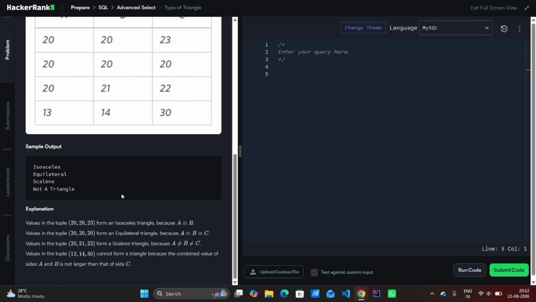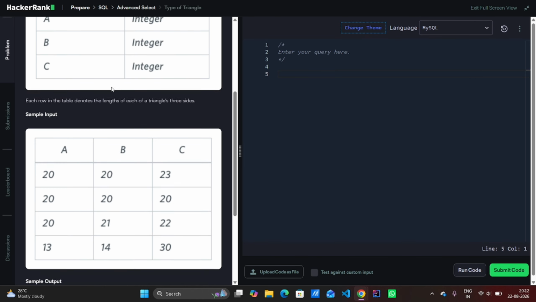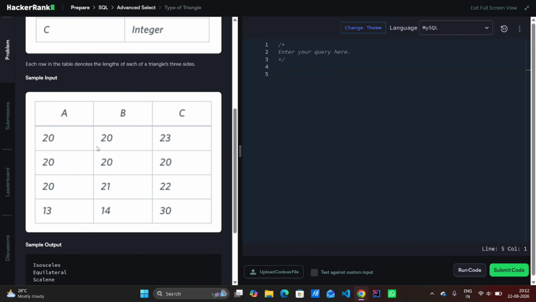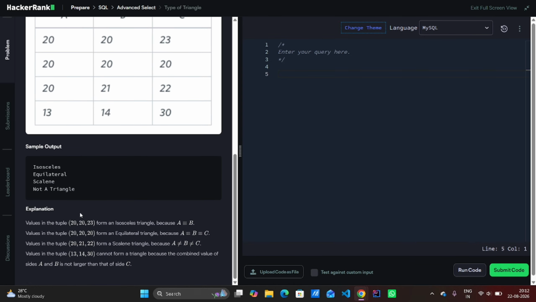We just have to query which triangle this is according to their sides. Okay, I will explain the explanation as well.